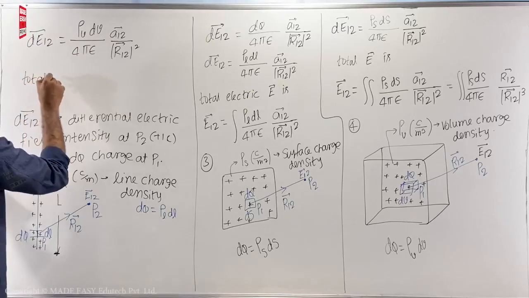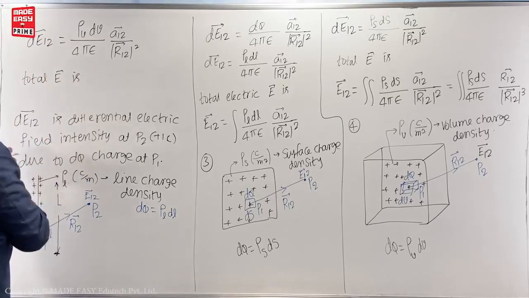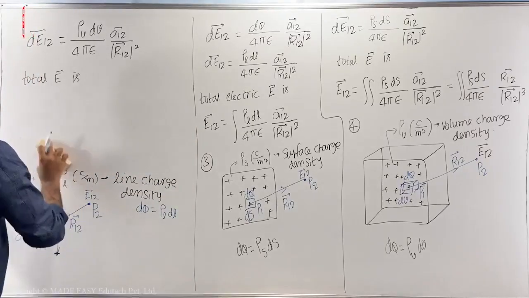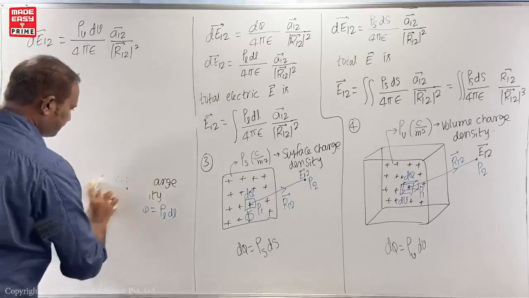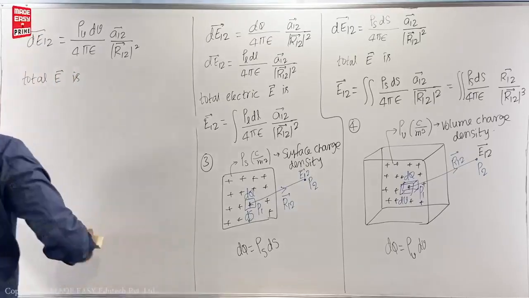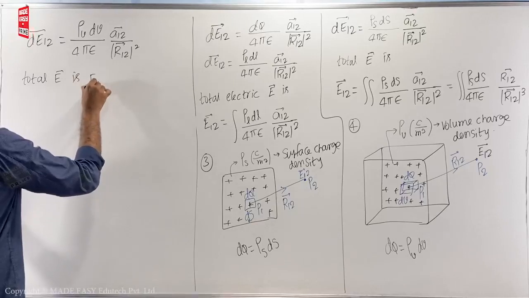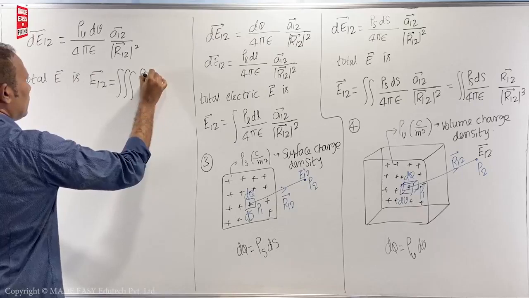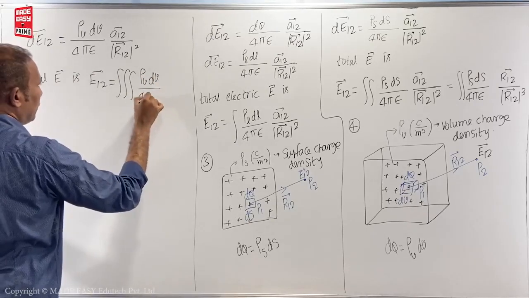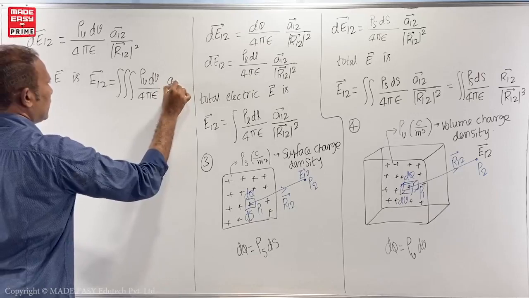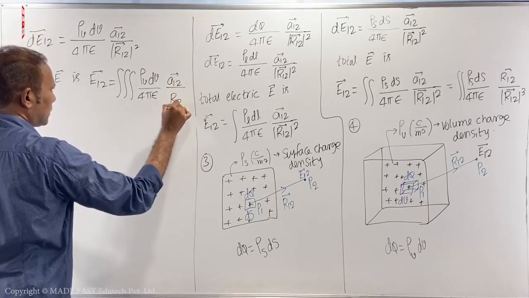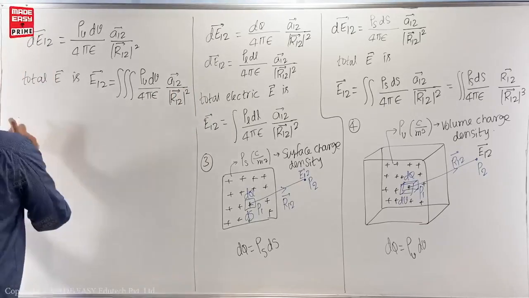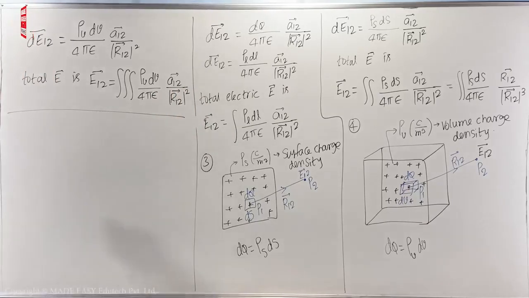Now total E bar, that means total electric field intensity at point 2 due to volume charge, E12 bar, is equal to triple integral rho v dv divided by 4 pi epsilon A12 bar divided by modulus of R12 whole square. Okay, so these are the four formulas.